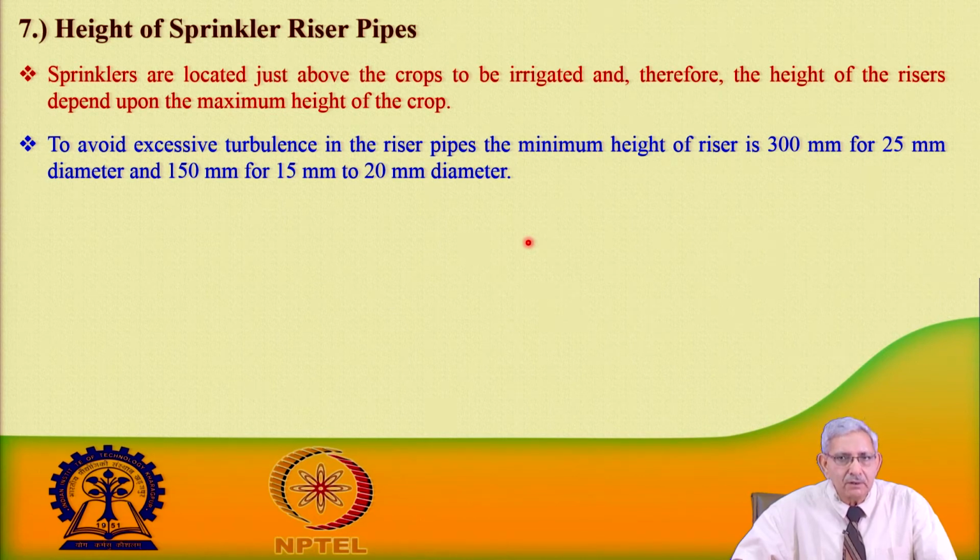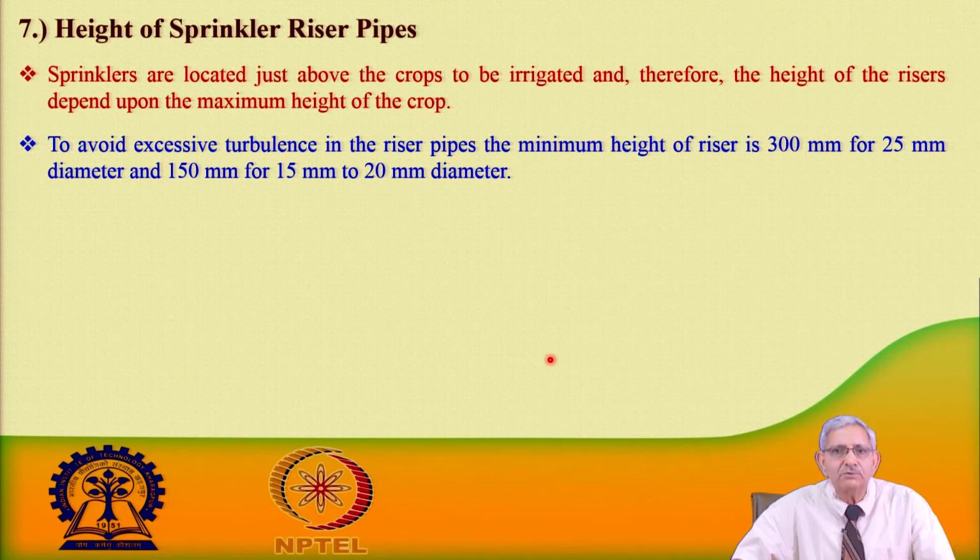So, the height of the riser pipe should be above the crop, and for some crops and plantations that interfere, we need to raise the height of the riser pipe.